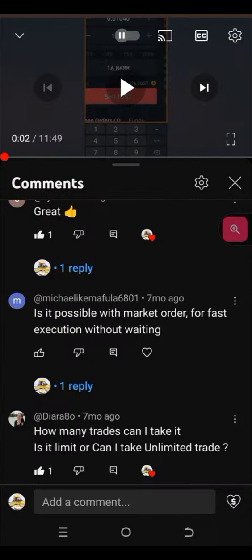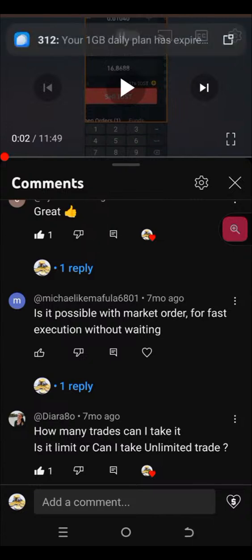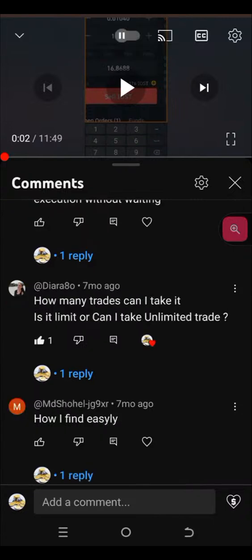Because if you set a sell limit, that's the exact amount of money you will get, right? But if you do market order, you won't make that profit at all, right? What's going to happen is that it's going to be less, and then you're probably going to end up at a loss, okay?